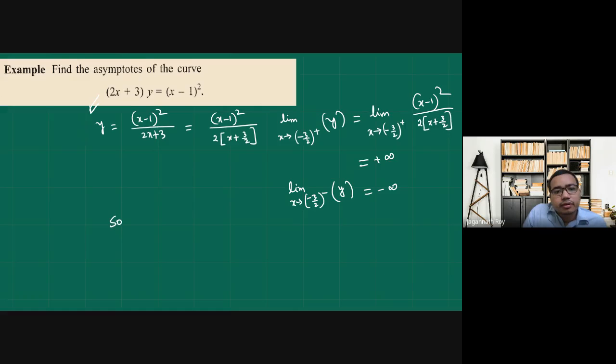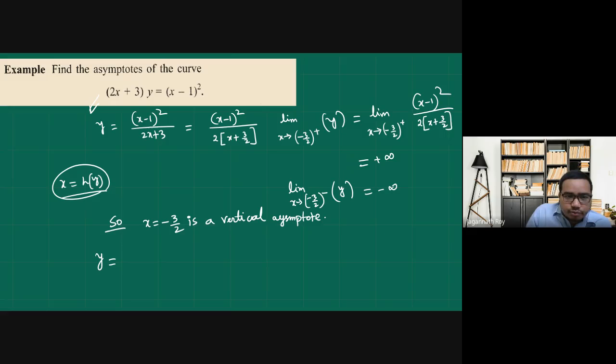So, by the definition of vertical asymptote, x equals minus 3 by 2 is a vertical asymptote. Similarly, in order to get the horizontal asymptote, we have to write x equals h of y.